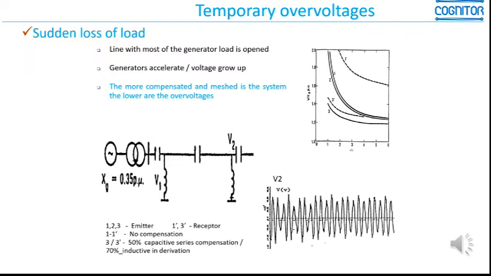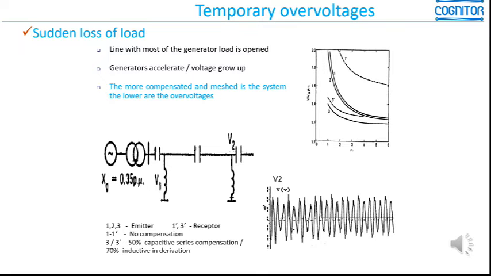If a fault occurs, a short circuit occurs, and the circuit is opened, you can have the acceleration of these generators, and the voltage applied in the terminals of the line and in some components can grow very fast if the system used to avoid this acceleration is so slow.